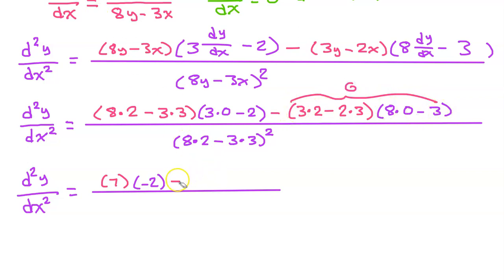So I really don't even need the minus sign. And then in the denominator, this again is 16 minus 9, which is 7. We might as well go ahead and square it and put 49. 7 goes into 49 7 times. So this is going to be the same thing as negative 2 over 7.